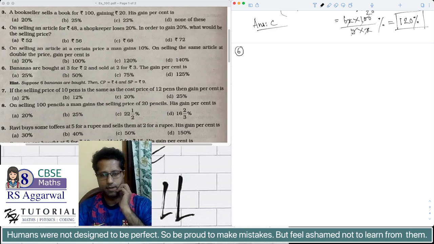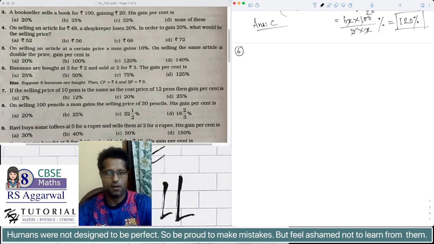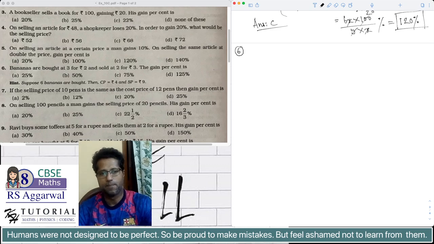I have to find the gain based on the equal number of bananas regarding cost price and selling price. The cost price is given as 3 bananas cost rupees 2, and the selling price is given as 2 bananas were sold for rupees 3. So let's consider the cost price and selling price of one banana.